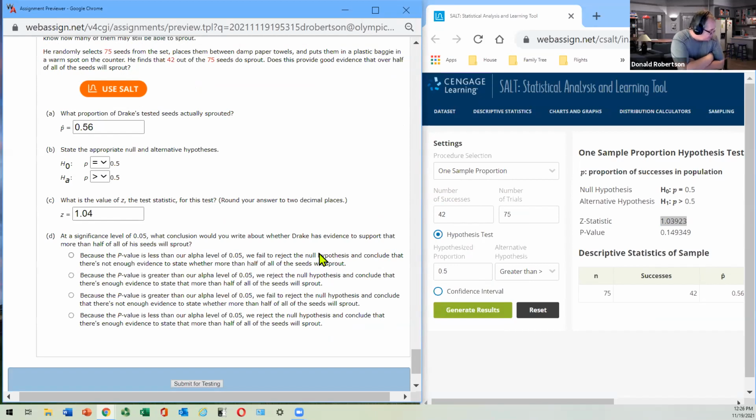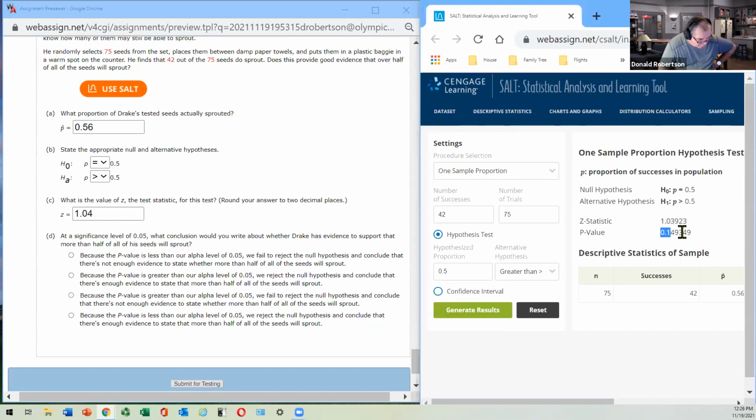Now, at a significance level of 0.05, what conclusions would you make? Well, it would have been helpful if they'd said to you, also tell me what the p-value is, but I can tell you it right now. Can you see it's 0.15 roughly? Isn't that going to be bigger than 0.05? So won't the conclusion be there's not enough evidence to prove that it's more than 50%?